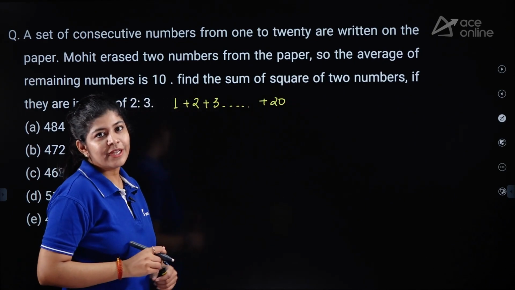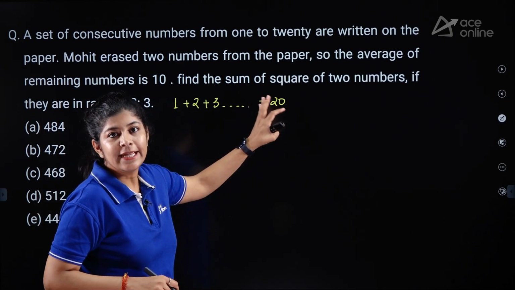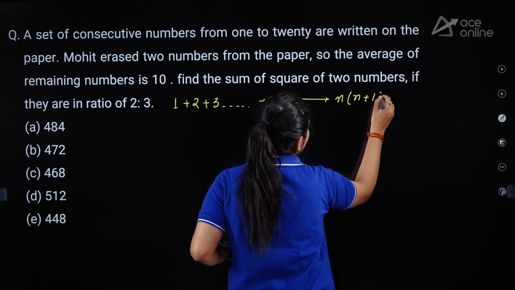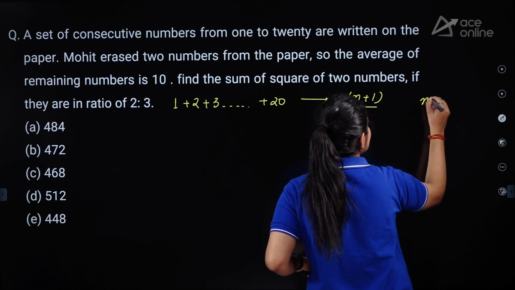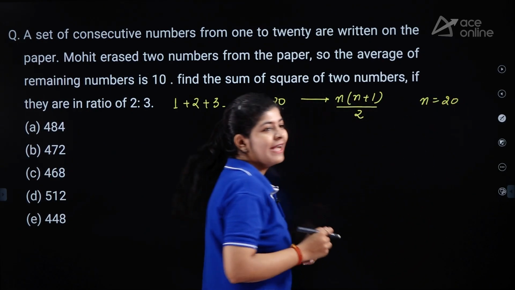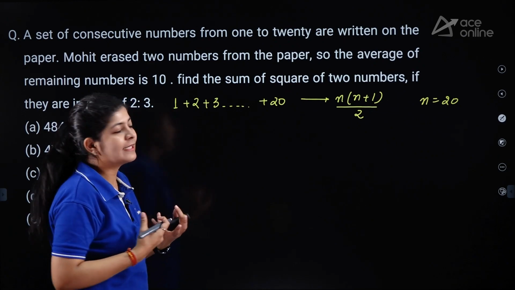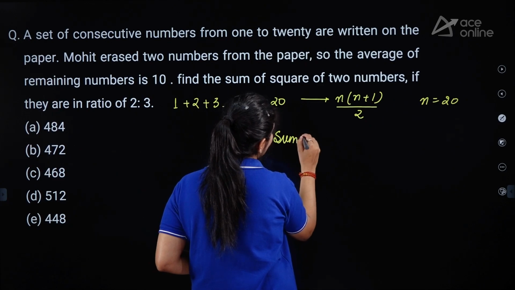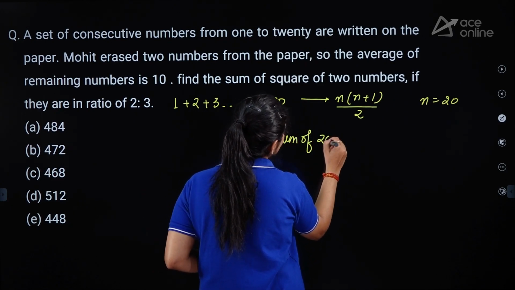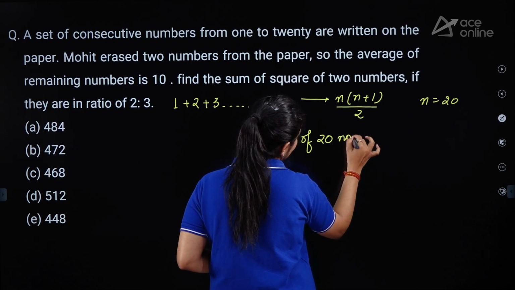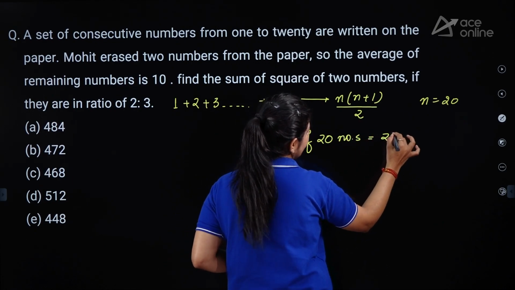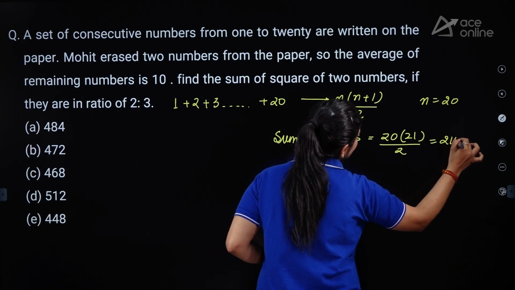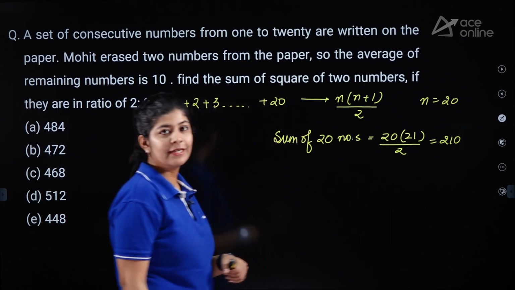I know that if I want to find out the sum of n natural numbers, I can use this particular formula, n into n plus 1 by 2. Here the value of n is nothing but 20. So firstly, I am just determining the sum of these 20 numbers. The sum of these 20 numbers is nothing but 20 into 21 by 2. That is nothing but 210. The sum is equal to 210.